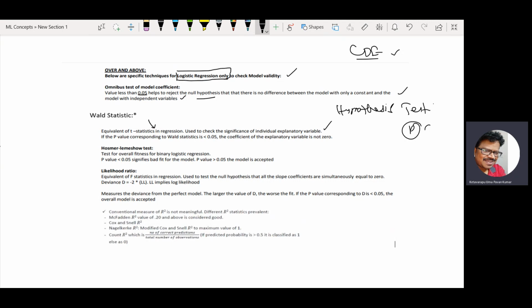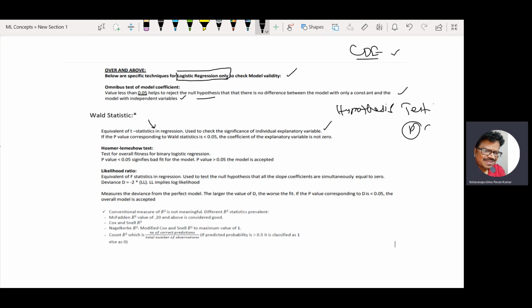Selectors are attracted to all-rounders because they can be used in both ways. Here also, this statistic checks the significance of the individual explanatory variables. If the p-value corresponding to the Wald statistic is less than 0.05, the coefficient of the explanatory variable is not 0.